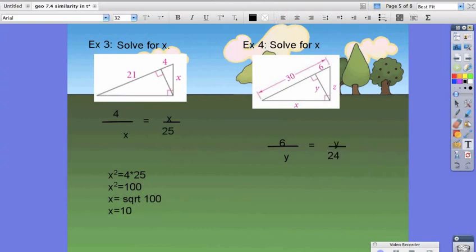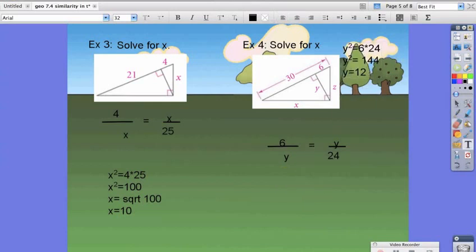So we take the cross product again, we get y squared equals 6 times 24. Y squared equals 144, and y is equal to 12. So we solve for y: 12.